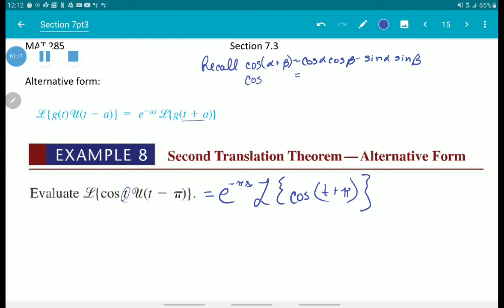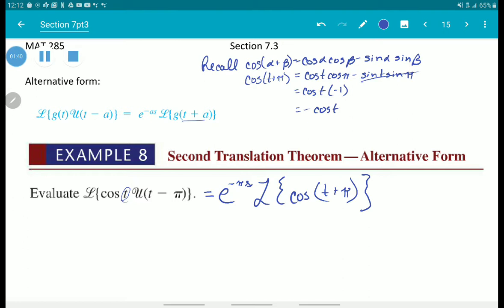We want to simplify cosine of t plus pi. So that's going to be equal to cosine of t, cosine of pi, minus sine of t, sine of pi. Now sine of pi is 0, so that piece is gone. Cosine of pi is negative 1, so we're going to get negative cosine of t there.